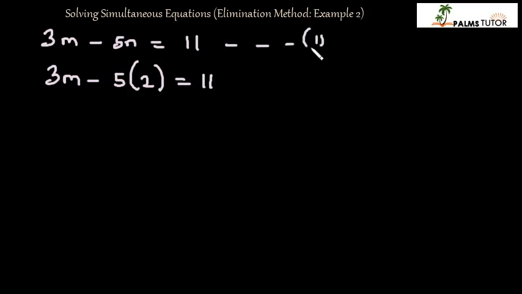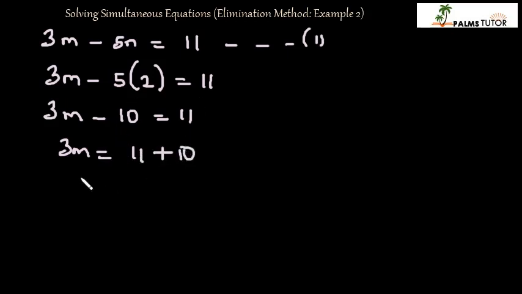Always label your equation so that you don't get confused. So I have 3m minus 5 multiplied by 2, which is 10, equals 11. 3m equals 11 plus 10. Collecting like terms, this goes to the other side and becomes plus. So 3m equals 21, and my m will be equal to 21 all over 3. This cancels and goes in 7 places. So m equals 7.